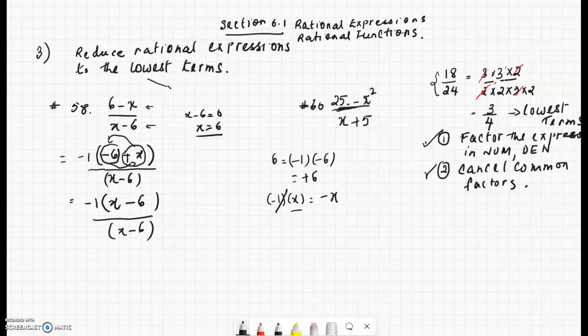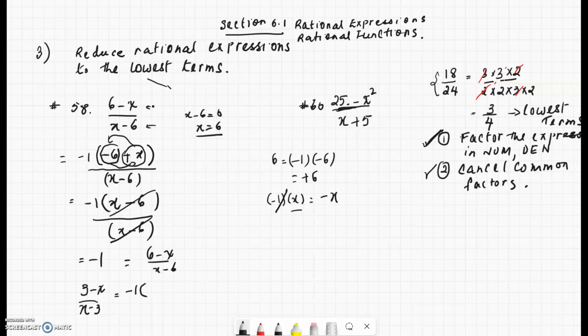So what did we do first? We factored the expressions, and now we cancel common factors. So if you put 6 minus x over x minus 6 in the lowest terms, we get negative 1 by canceling common factors. Similarly, if you have 3 minus x over x minus 3, you have to recognize that they're almost the same except for a negative sign.